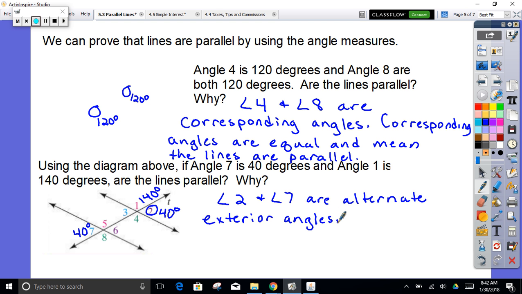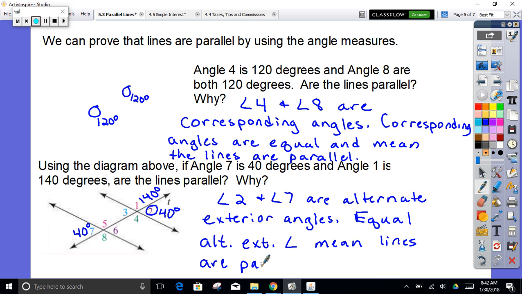When alternate exterior angles are equal, the lines are parallel. So, abbreviating a little bit: equal alternate exterior angles mean lines are parallel.